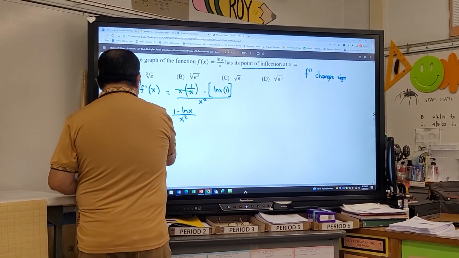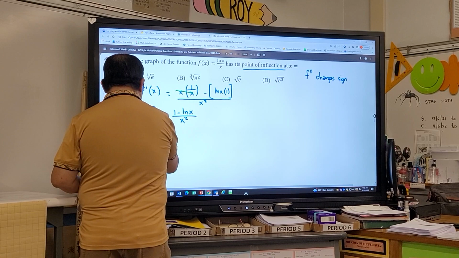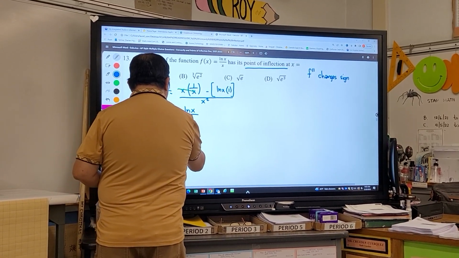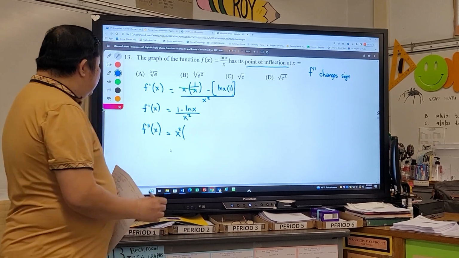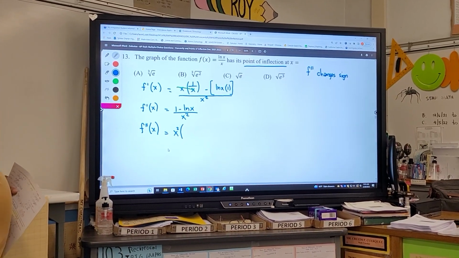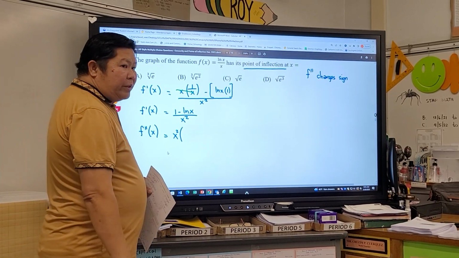Same thing. So we have f double prime of x is equal to low d high. The derivative is negative 1 over x, right? Negative 1 over x. Am I right, guys?